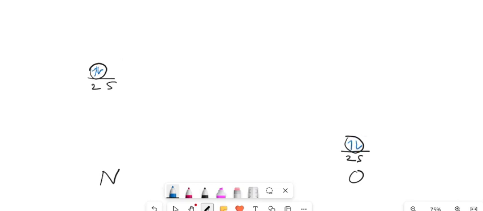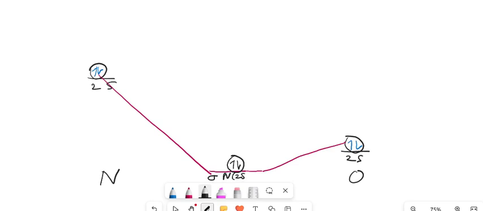Both have 2 electrons each, and they form sigma 2s and sigma star 2s, the bonding and anti-bonding molecular orbitals. Sigma N2s O2s has 2 electrons, and the anti-bonding sigma star N2s O2s also has 2 electrons.